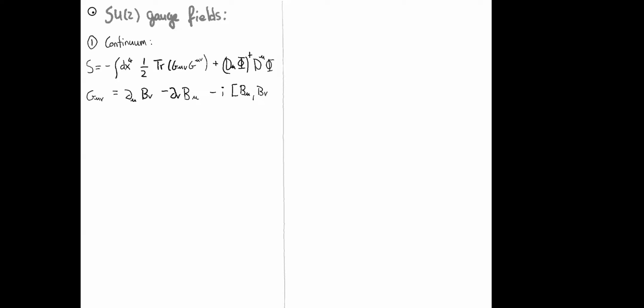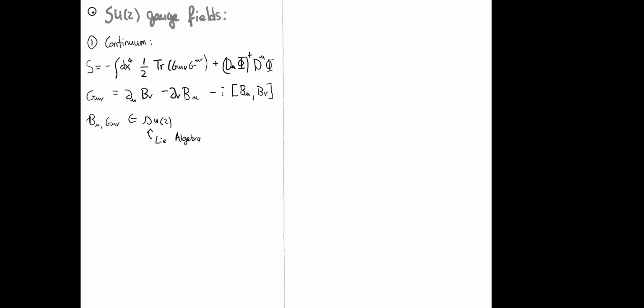And both B mu and G mu nu, the two of them, live in the algebra of SU2. I'm going to write down what the group and the algebra are after, but for now just take that as a group of matrices.